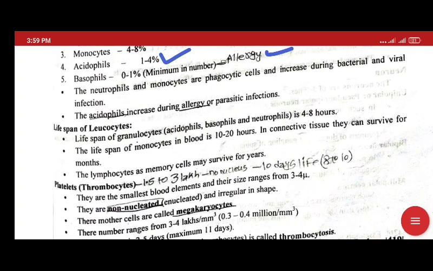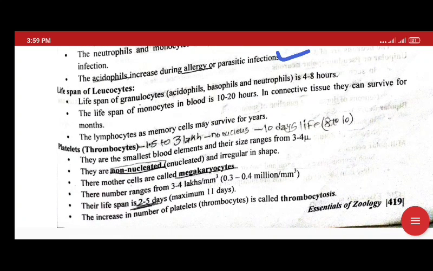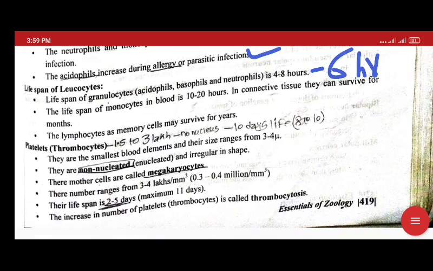Lifespan of leukocyte: WBC life cycle is 14 days, but the neutrophil is about 6 or 7 hours.